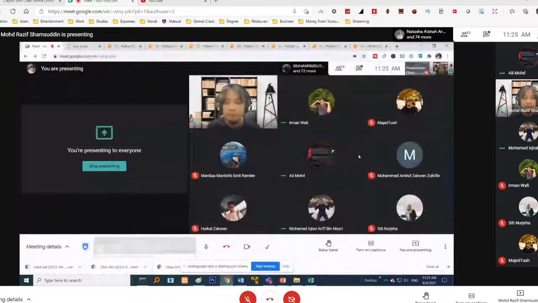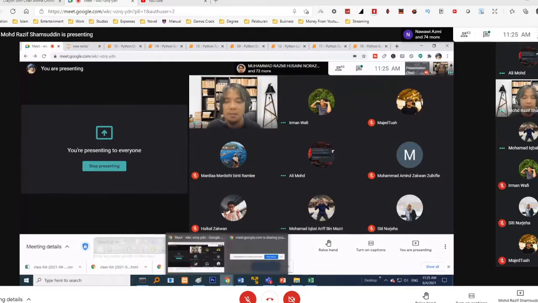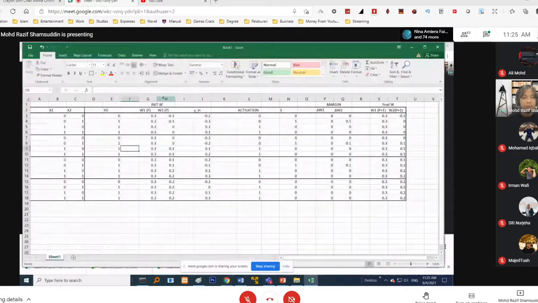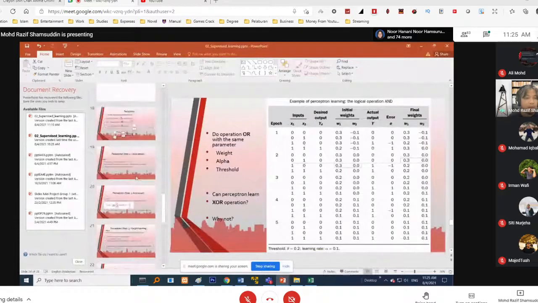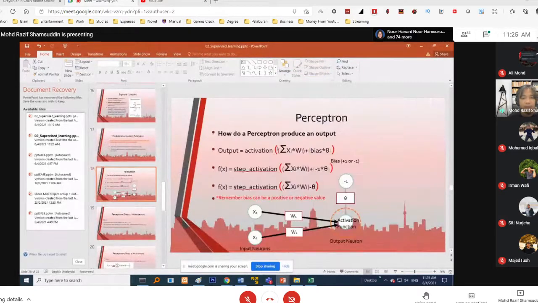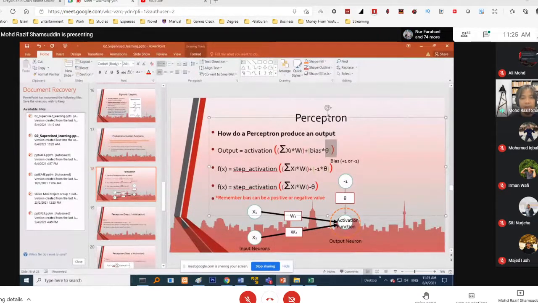Sir, yang activation tu saya tahu sir, yang Y-in tu apa sir? Y-in adalah the summation of the input times weight minus threshold. Sebab activation ni saya buat step je, tak ada pun pengiraan dia. Yang equation, ingat tak equation ni? Kita balik. Don't worry, tak apa. Tanya je soalan. Y-in ni adalah ini.